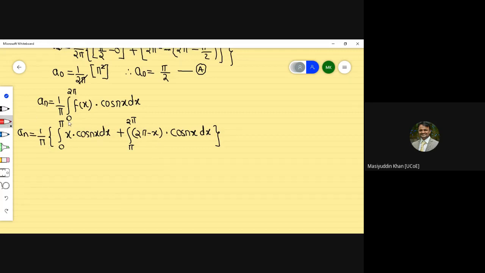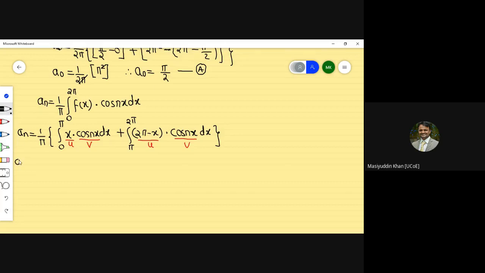You can just observe this part as I mentioned, this is my u part and this part is my v part. Similarly here it is u part and this is v part. So we have to perform integration by parts here.